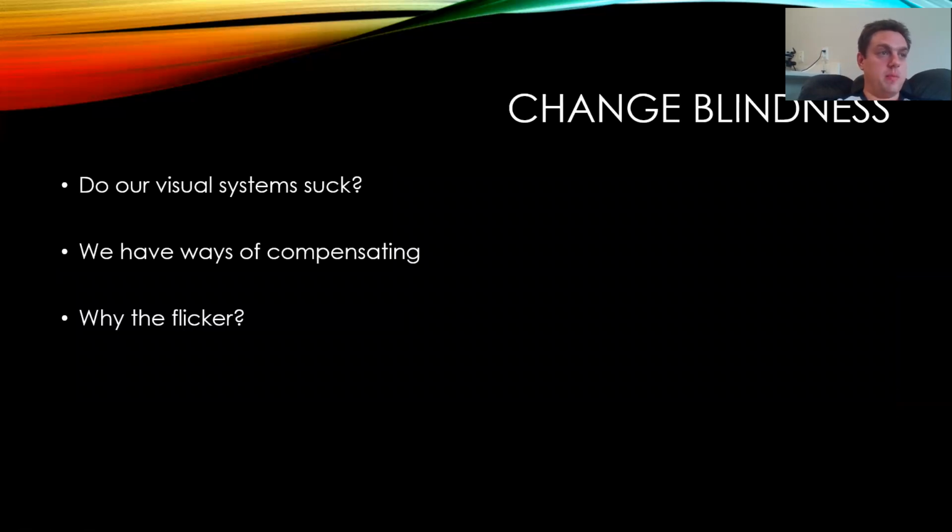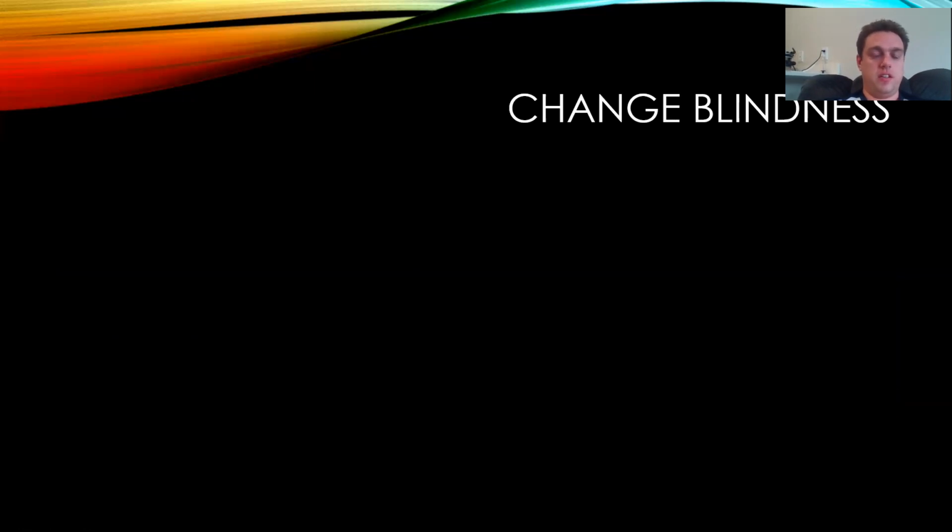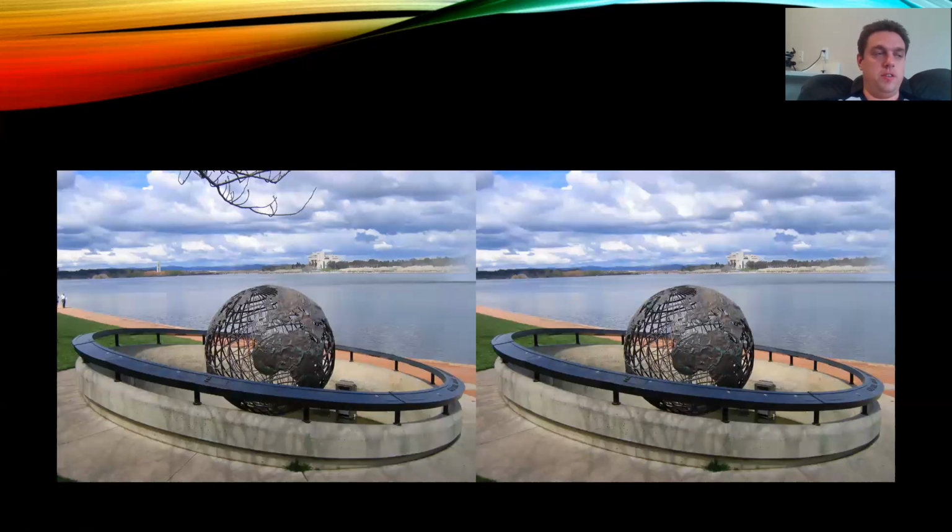Well, this is what I mean when I say our visual systems can compensate for things in a lot of neat ways. When you don't have a flicker, change blindness basically goes away. It doesn't have to be a flicker, but you need some sort of disruption between the first scene and the second scene.